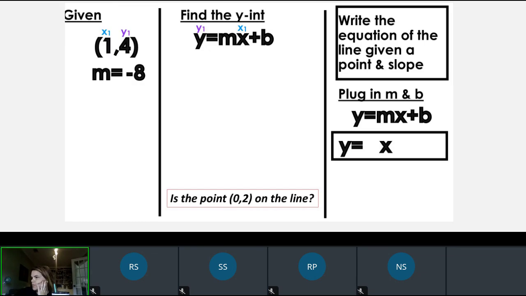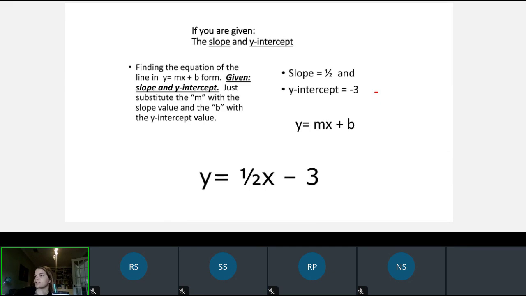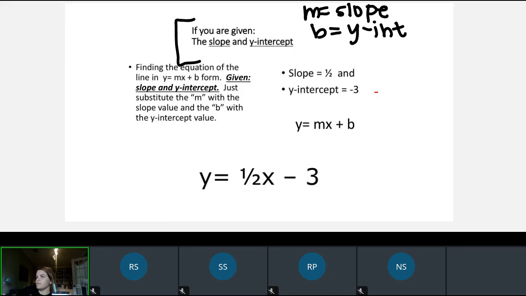If you are given the slope and the y-intercept, slope is represented by the letter M. Y-intercept is represented by the letter B. So on your 3.02 quiz, they would tell you something like, your slope is 1/2, your y-intercept is -3, write the equation of a line.